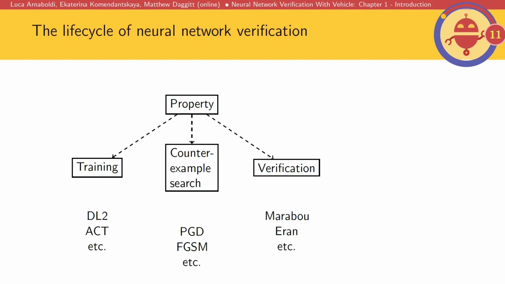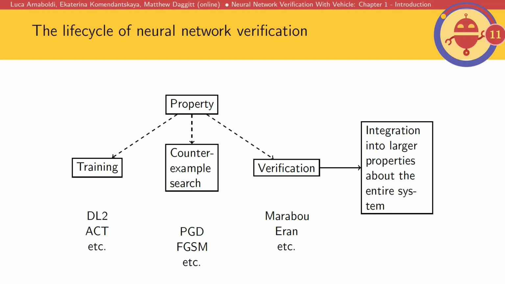Maybe I will straight away run verification with Marabou or ERAN or any other tool I want to use. And then very often I will need to integrate that into larger properties about the system. Very usually my neural network is part of some larger system, and so I need to think how to incorporate the guarantees I've given about my neural net into guarantees about the larger system. And there's some interaction between them.